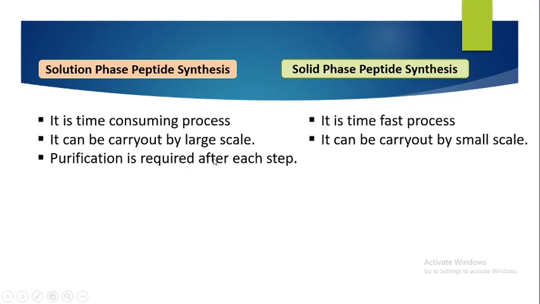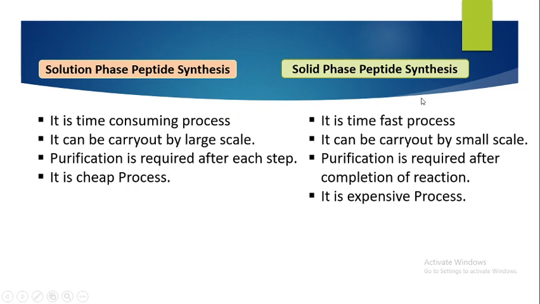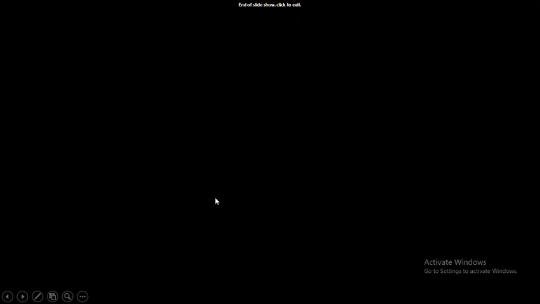Purification is required after each step when we prepare the peptide by solution phase peptide synthesis, but in solid phase peptide synthesis purification is required only after the completion of the reaction. The solution phase peptide synthesis is a cheap process, while the solid phase peptide synthesis is an expensive process.